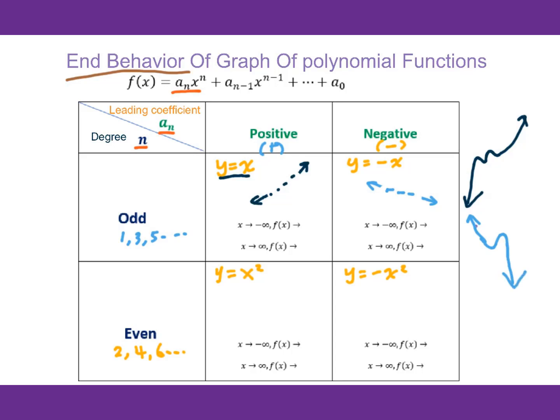For even degree with a positive leading coefficient, we use y equals x squared. For y equals x squared, we know the graph looks like this. Still, we put a dot between these two arrows.